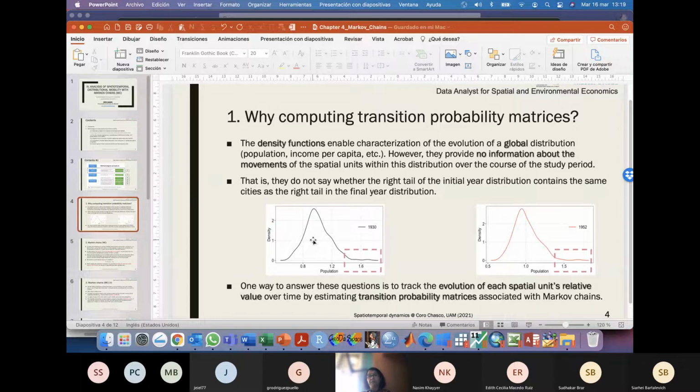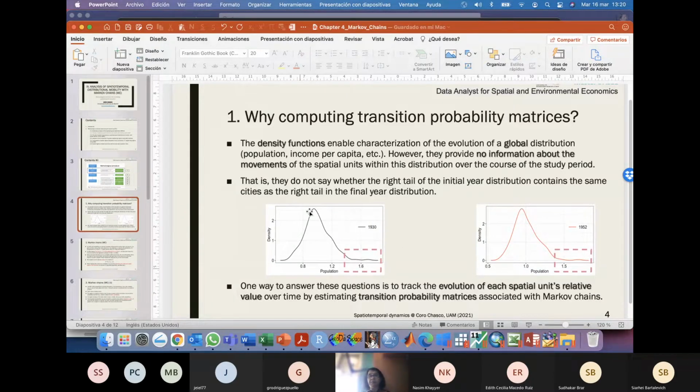So they do not say whether the right tail, so this is the density function for population of the Chilean cities in 1930. And we have here the right tail. So we don't know if the cities that are in this right tail are the same cities that are in this right tail in 1952.